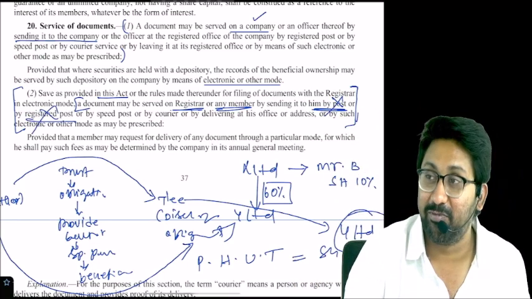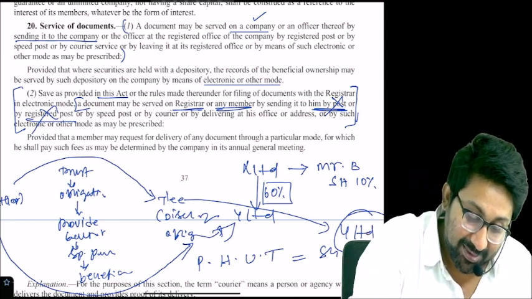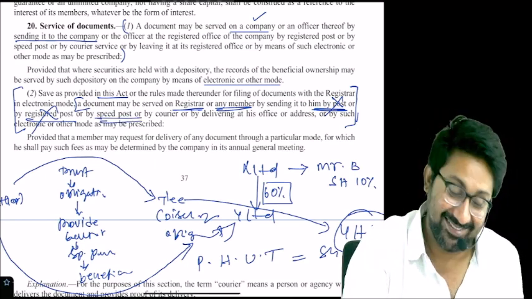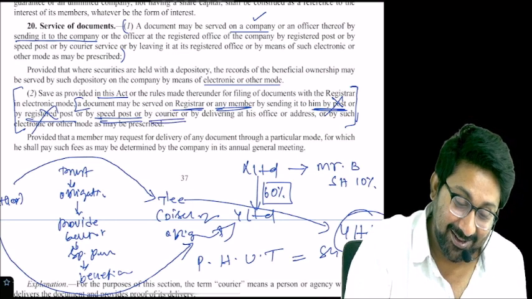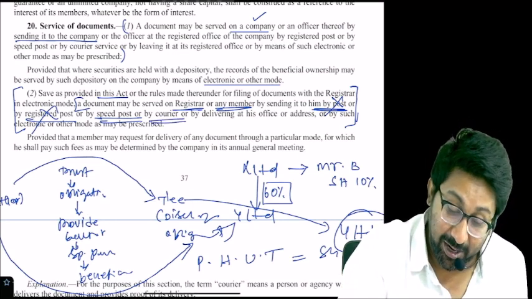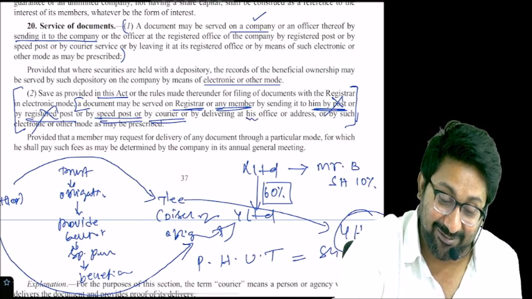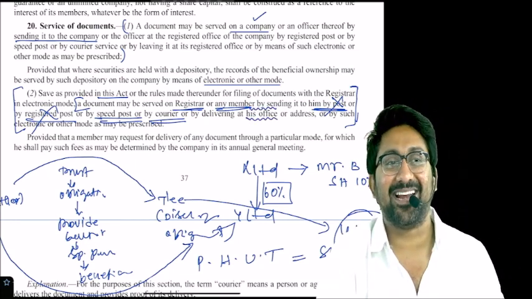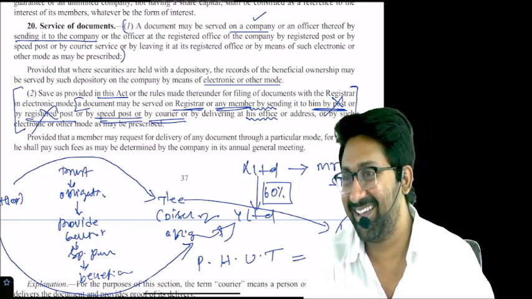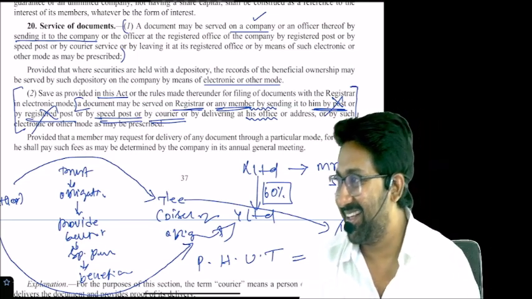Registered post, speed post. Next, courier. It is the twist. Delivery at his office. Directly go to the ROC and tell, ROC, take my form.